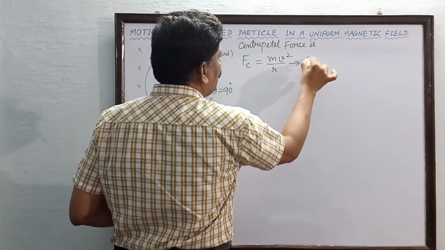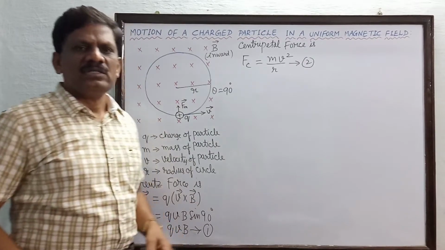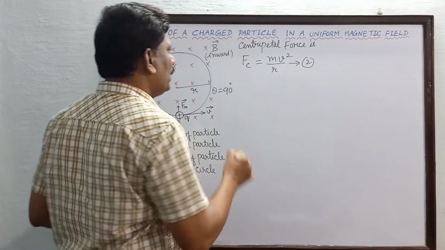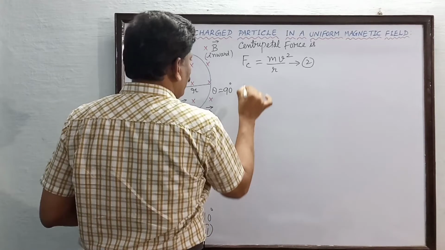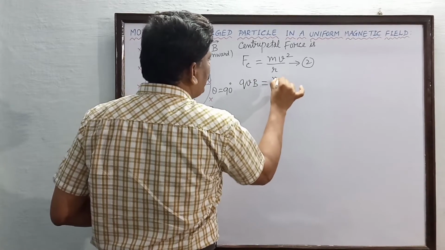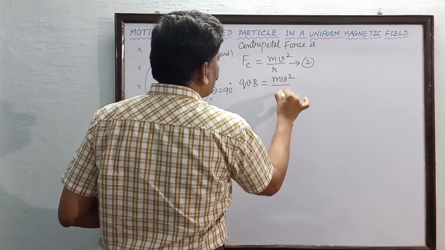This is equation 2. So these two forces are going to balance each other. Therefore I will write, Q into V into B is equal to mv square by r.